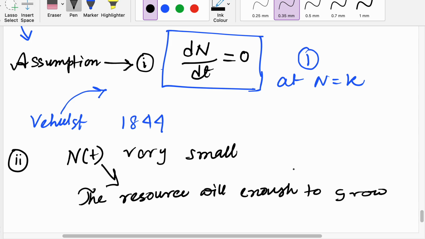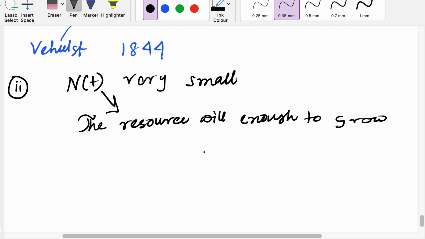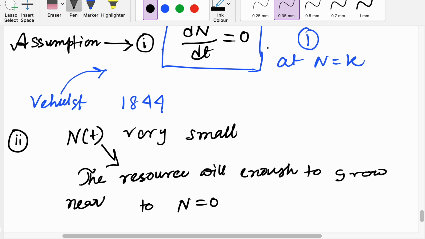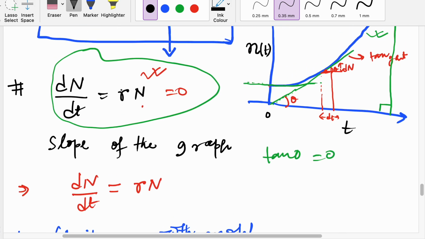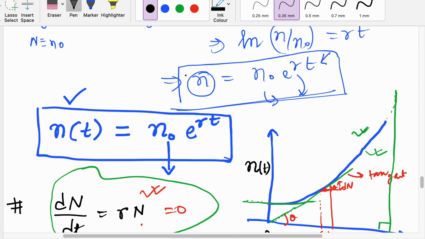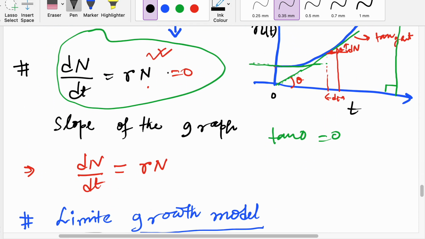Now what will follow then? When near N equal to 0, dN/dt will look the same as the infinite growth model, because here also the resource is enough for those individuals.